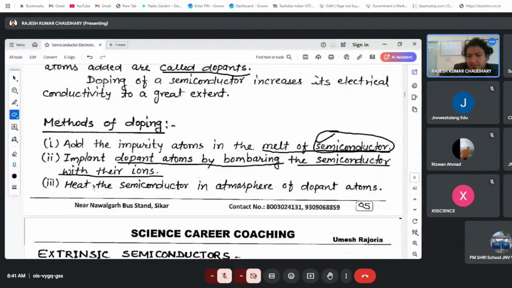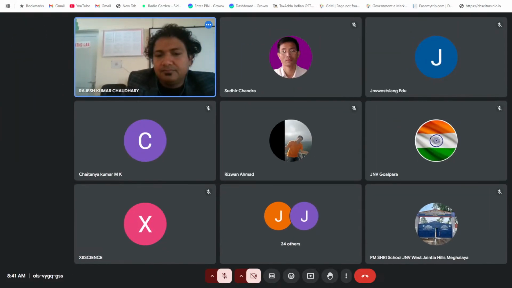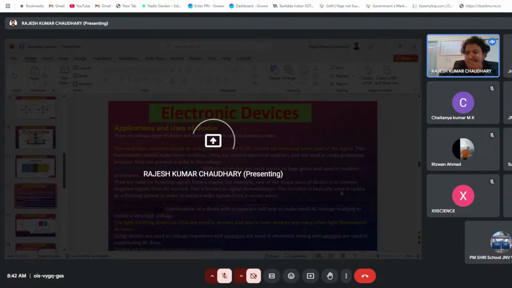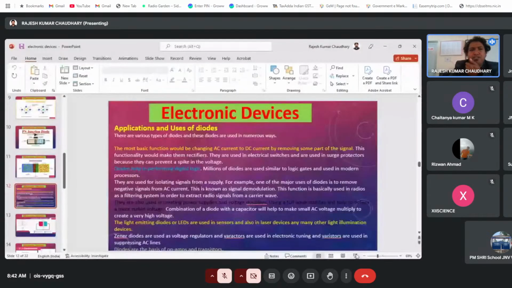I just want to show you. Wait. I hope this is visible to you. Have you seen this kind of device? Anode and cathode is written there.